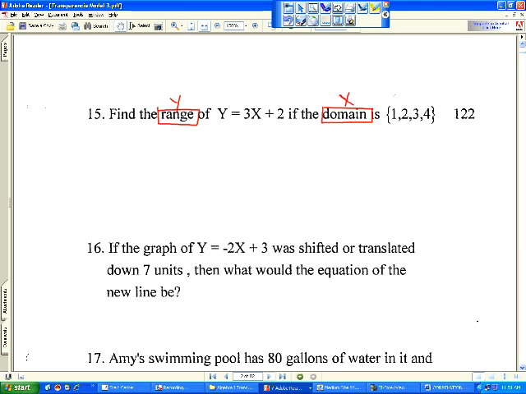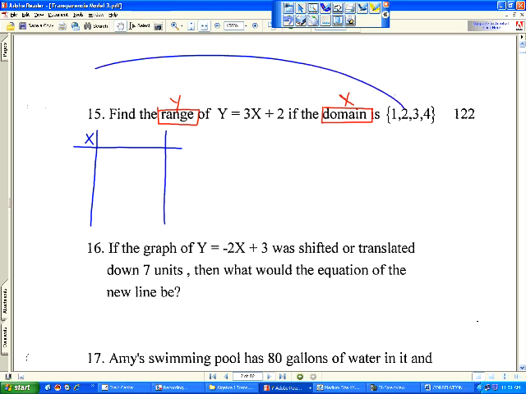To find the range with a given domain, we build a table like the ones that we've been building, except we plug in the x's given instead of making up our own. That's quoting page 110, I think. Is that correct? Page 110, domain and range. 109, sorry. It's 109. 110 to 110A is the homework.